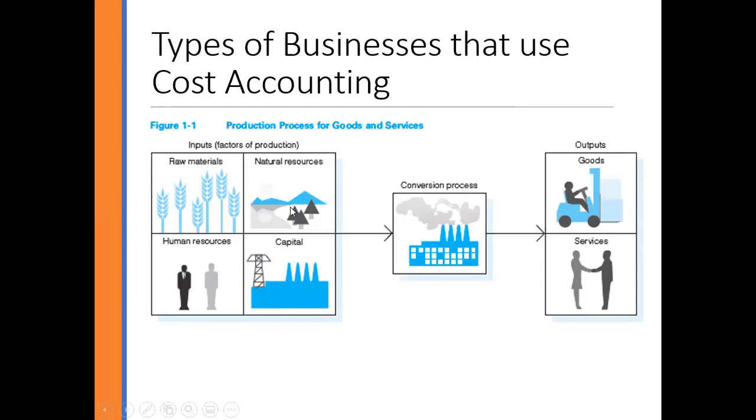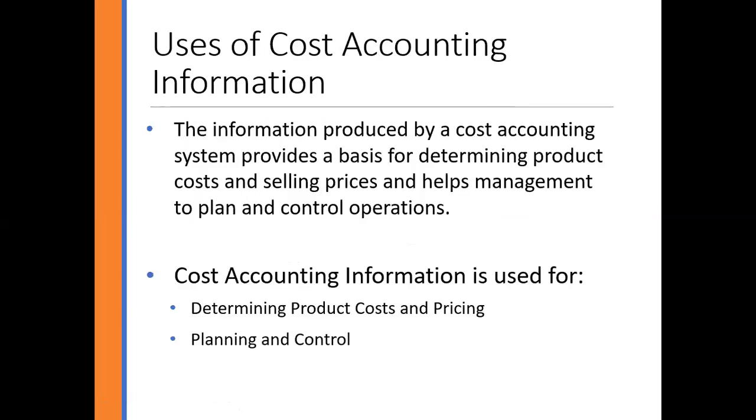So we take inputs, and through the conversion process, we turn those into outputs, either goods or services, right? Again, for our purposes and in the book, we're going to focus mainly on manufacturing processes, but some of these are applicable to service and merchandising organizations as well.